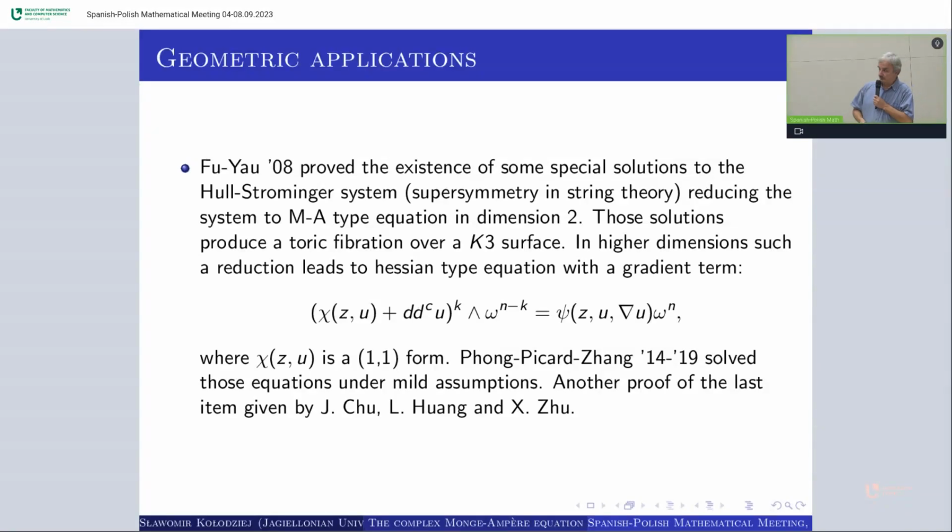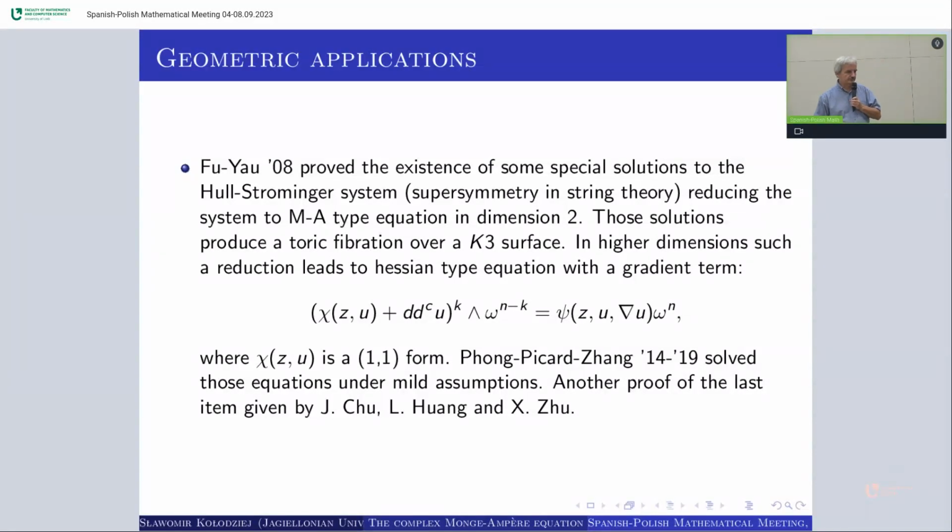And shortly, some geometric applications. Some time ago, Fu and Yau wanted to solve a Hull-Strominger system, which appears in supersymmetry in string theory. With some additional ansatz, they reduced this Hull-Strominger system to a Monge-Ampère type equation, but only in dimension 2.